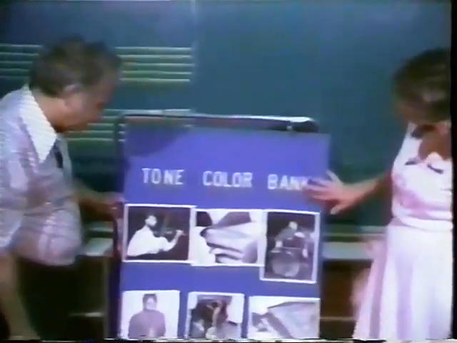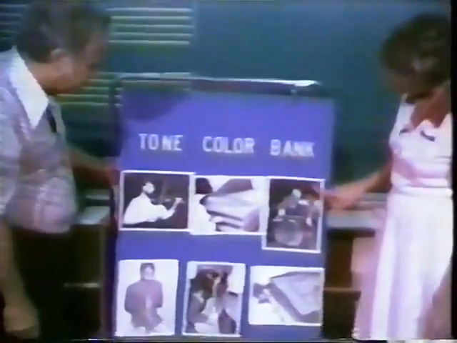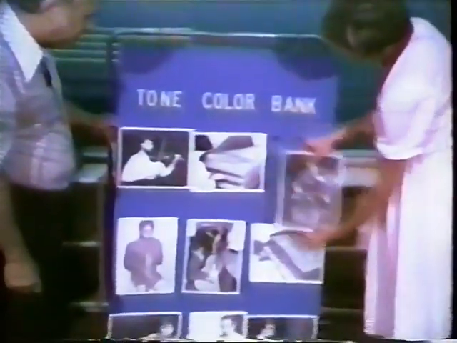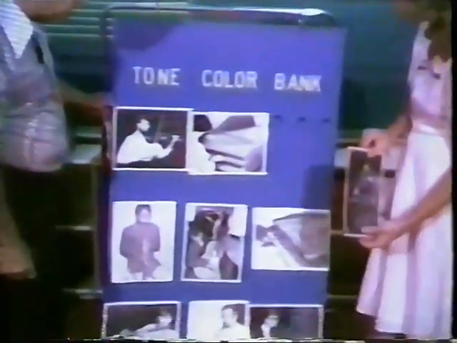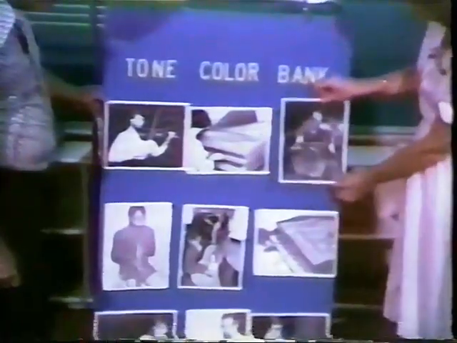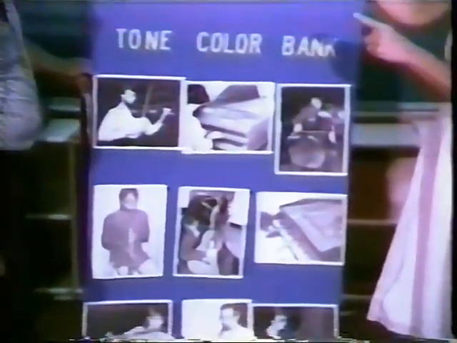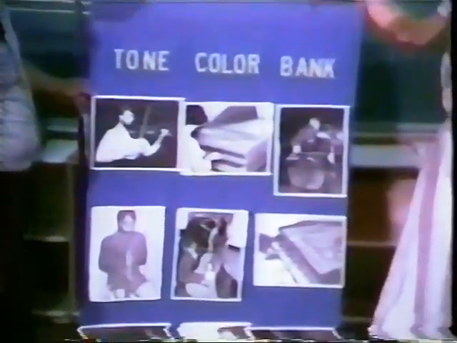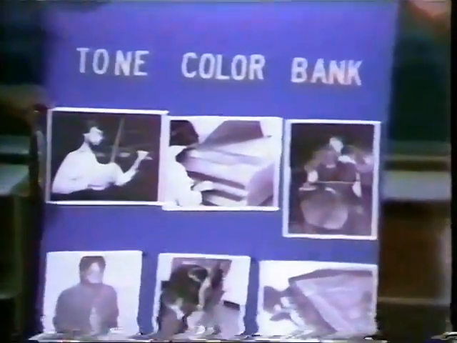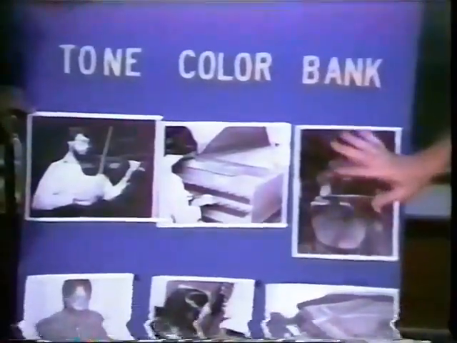Right. This is called a tone color bank, and again we've used these magnetic things which are wonderful, and these are pictures of different instruments. This game would be played similar to the game that we saw on the floor with instruments in it, where you'd hear an instrument playing on a recording, and then the child would identify it either by pointing to it or... Now, on the back of this one, I don't think we can turn it... No, it's not on this one.